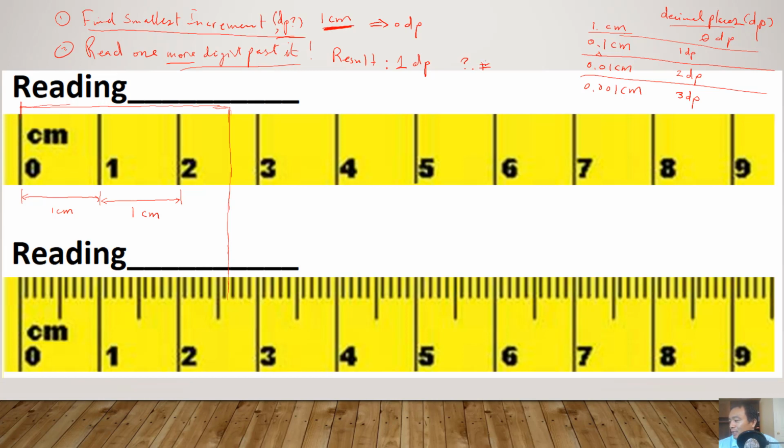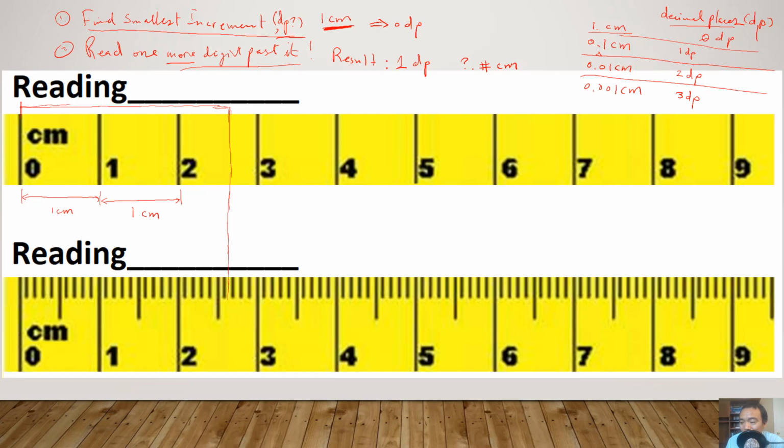I'm going to use hashtag to represent cm. So if you report to me something like 2.45 centimeter, I know it's absolutely wrong. I don't even have to ask. You don't want to complain to me, hey, Dr. Yan, you haven't even looked at my measurement. I don't have to. Why? Because I know which ruler I give you. I know what format of the results I expect to see.